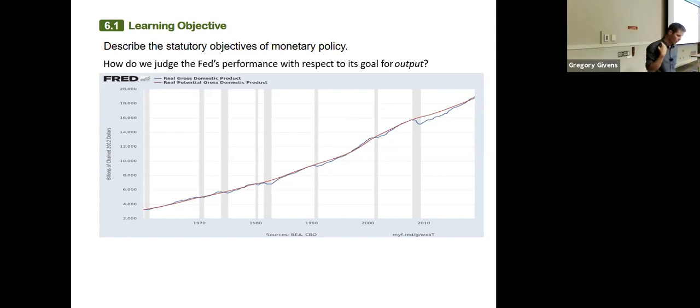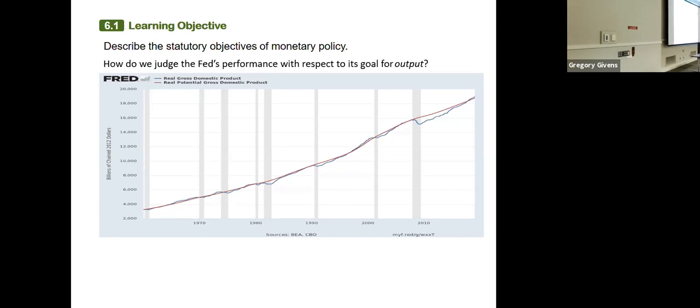Generally, policymakers agree that the economy's long-run potential level of output is basically outside of the control of the central bank. The Fed doesn't have a whole lot of power to influence potential GDP in the long run.